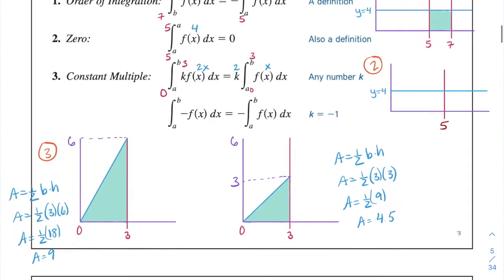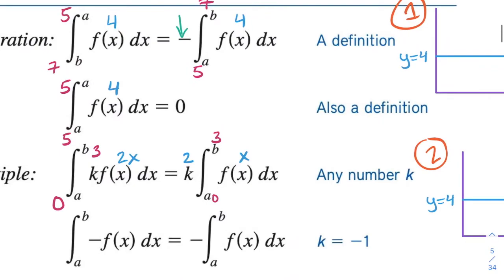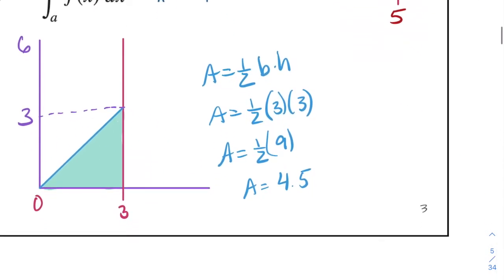Well, these areas are different because I factored out the 2. So now what I need to do is say that the integral from 0 to 3 of x times 2 out front dx. That's the difference. So this integral actually equals the number 4.5. So that is a total of 9. So the area here is 9.